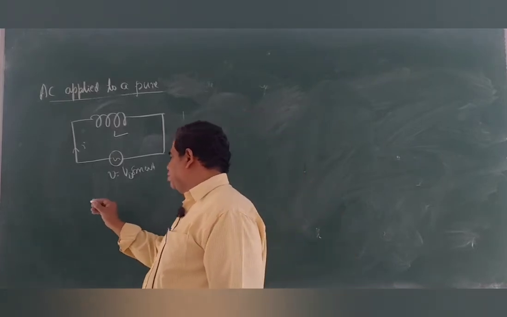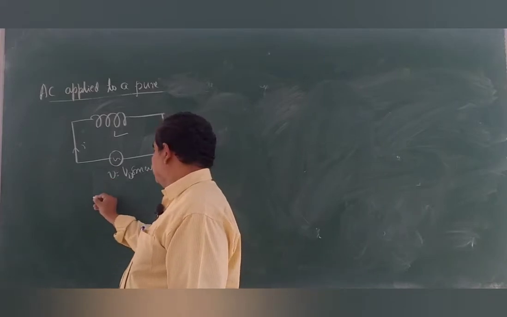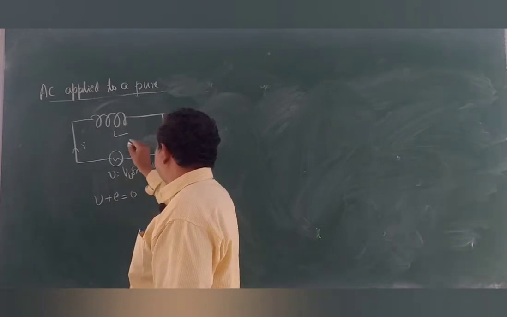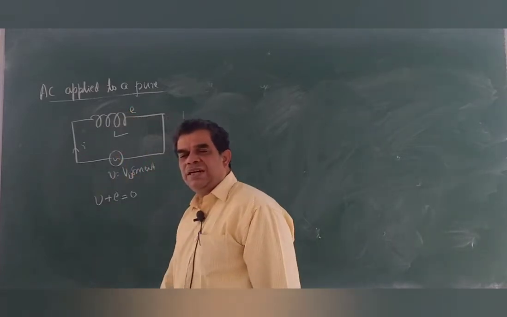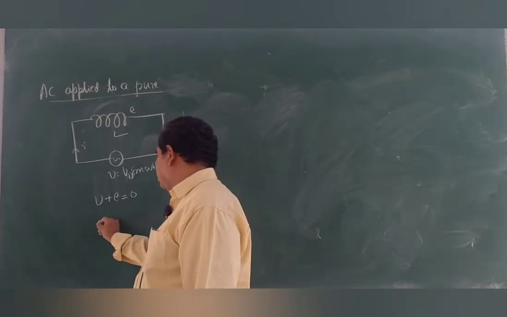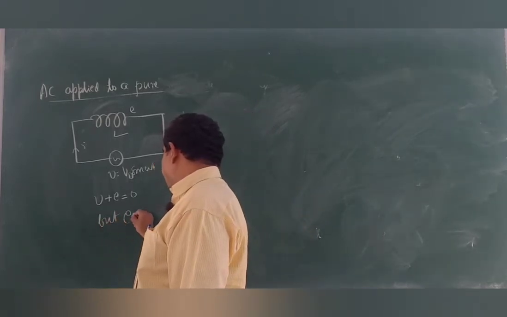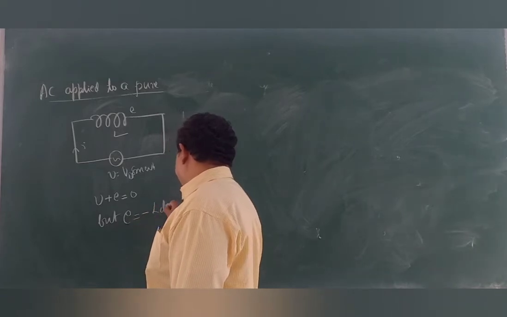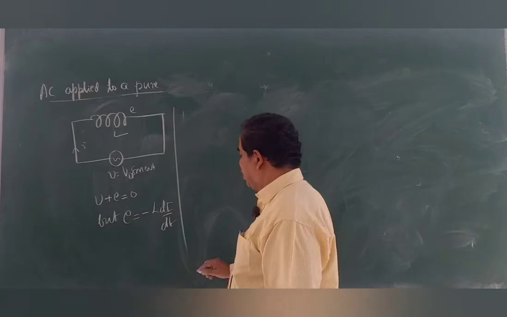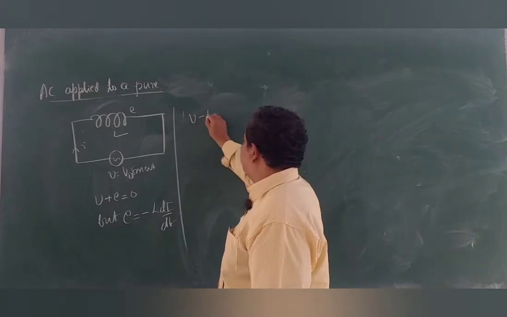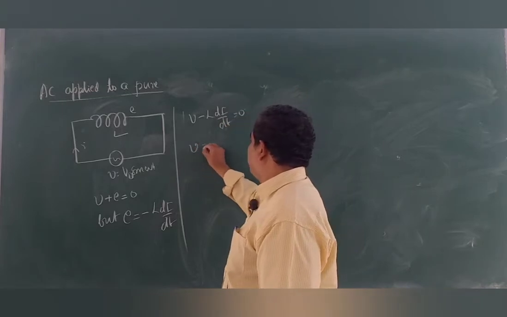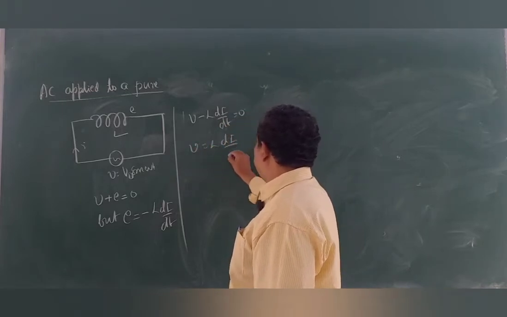For that we know, according to Faraday's law, V plus E equals 0, because E is the induced EMF in the coil, V is the applied voltage, and that should be equal to 0. But we know, as far as inductance is concerned, E is minus L di by dt. We substitute there, V minus L di by dt equals 0, or V equals L di by dt.